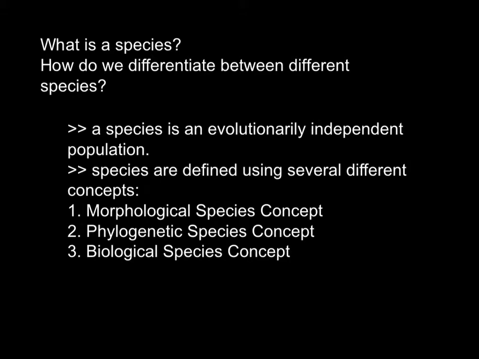A species, broadly defined, is an evolutionarily independent population, and like I said, they're defined using several different concepts, like the morphological species concept, the phylogenetic species concept, and the biological species concept. I'm sure there's another Explain Everything video on that, so I'm not going to go into it, but just know that those are the ways in which we define different species.